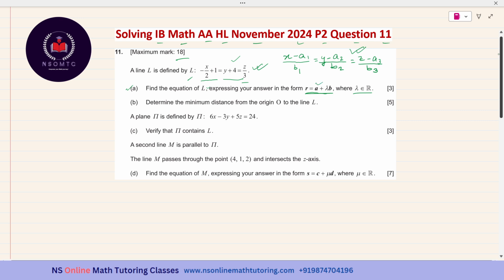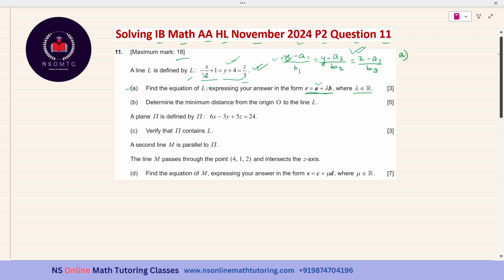And we are required to find the vector equation. First of all, let us rewrite this given Cartesian equation in this format. We see that x has a plus sign in front, and over here there is a minus sign. So let us take this minus sign to the denominator.